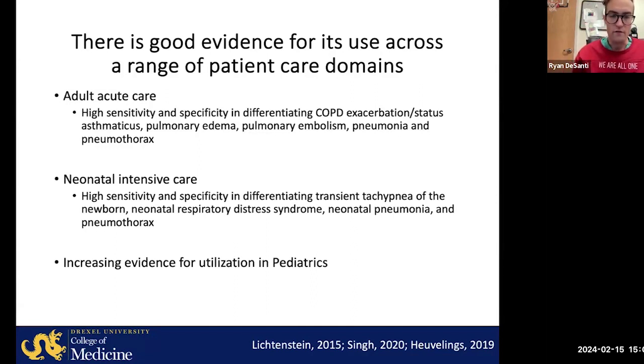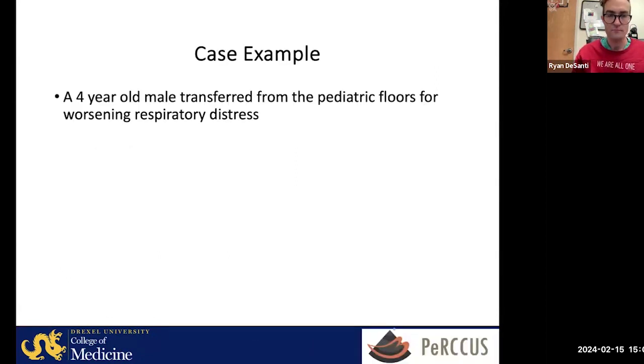And there's increasing evidence for utilization in pediatric care, including use in emergency departments, in critical care units, as well as on pediatric wards.